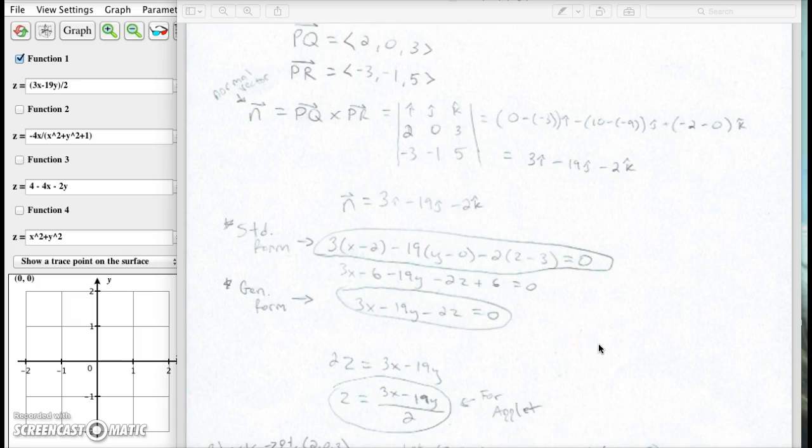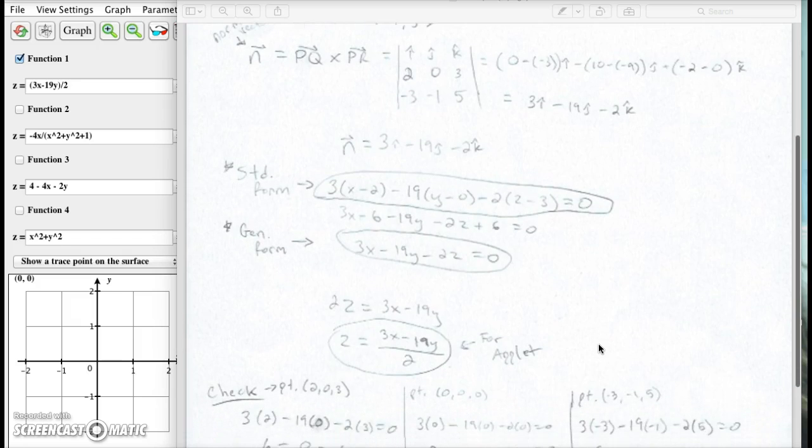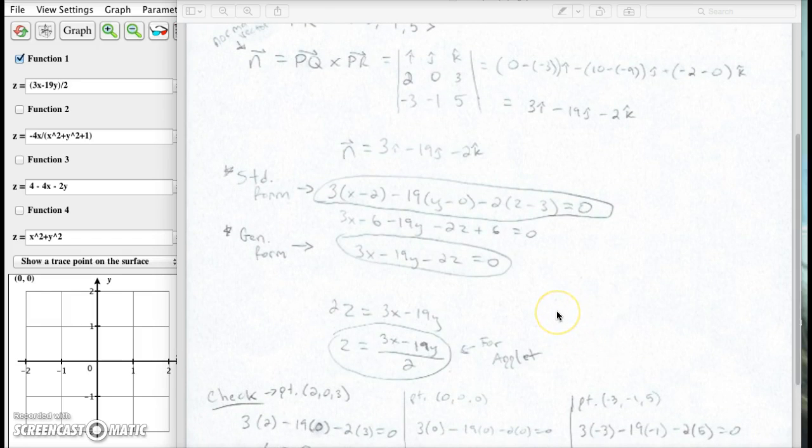And in order to check it on the applet and make your plane and see that all points are on your plane, you have to solve for z in order to plug it into the applet. So I did that here for the applet, and as you can see, just add 2z to the other side, so 2z equals 3x minus 19y. Then you divide by 2 on both sides to find your function in terms of z.